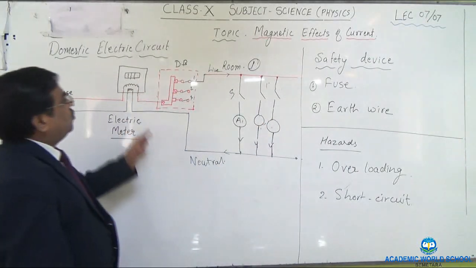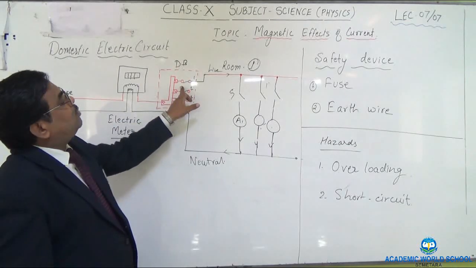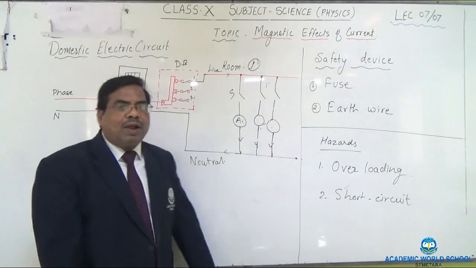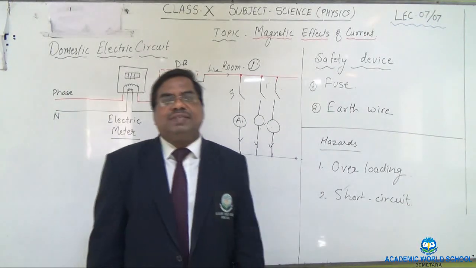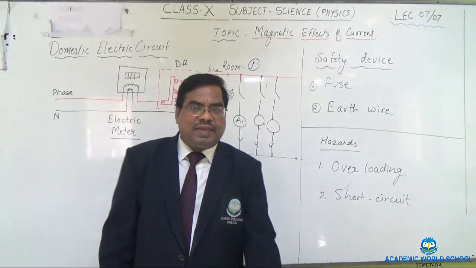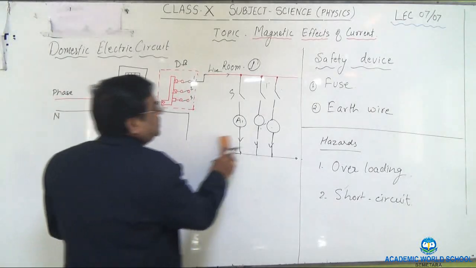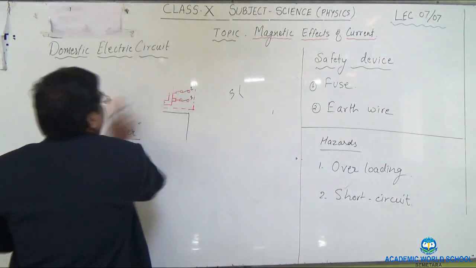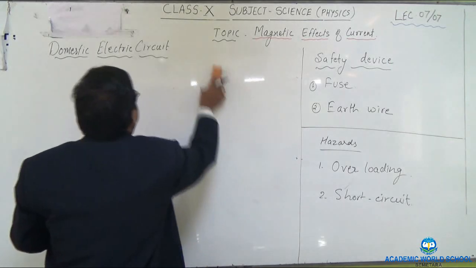Now, as I told you, this distribution box has fuses. What is a fuse and why is it necessary? The answer is, a fuse is a safety device that protects our household appliances.